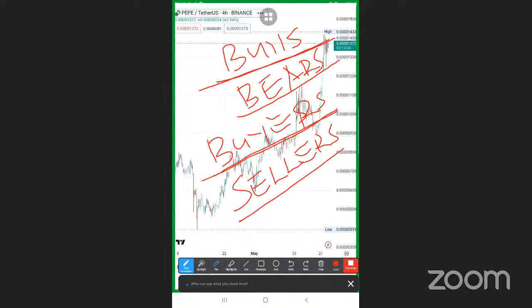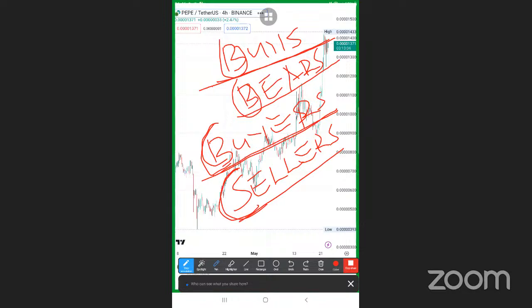These people, the buyers and the sellers, or the bulls and the bears, are called market movers. They move the market, or they dominate the market. For the market to exist there should be the presence of buyers and sellers.